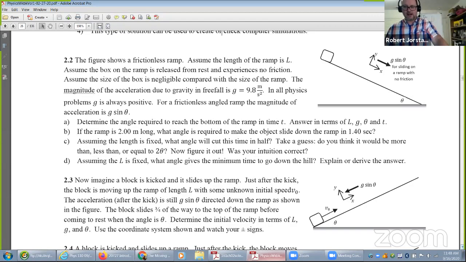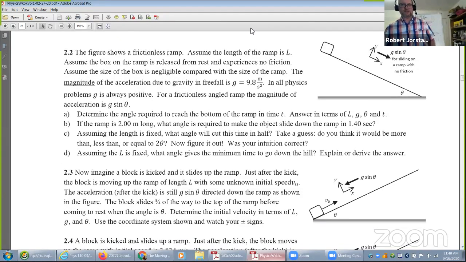Students are usually not used to this when they're first doing a physics class. So I'm looking at 2.2. I'm going to draw that up. You can read it yourself. Okay. We'll adjust the board in a minute.